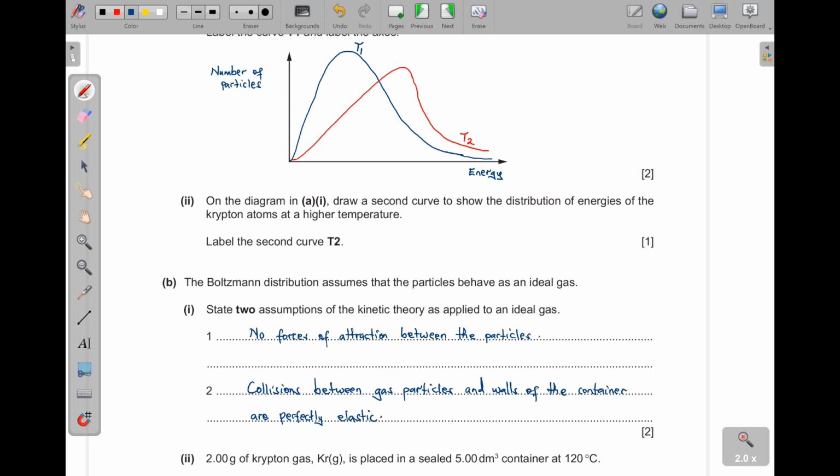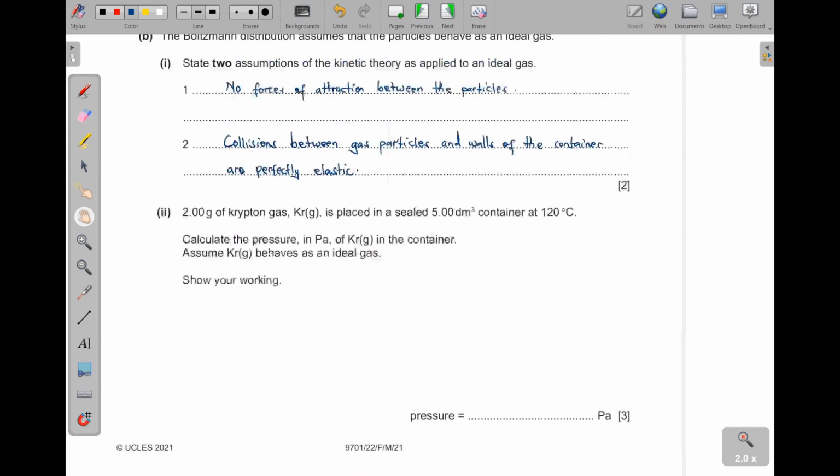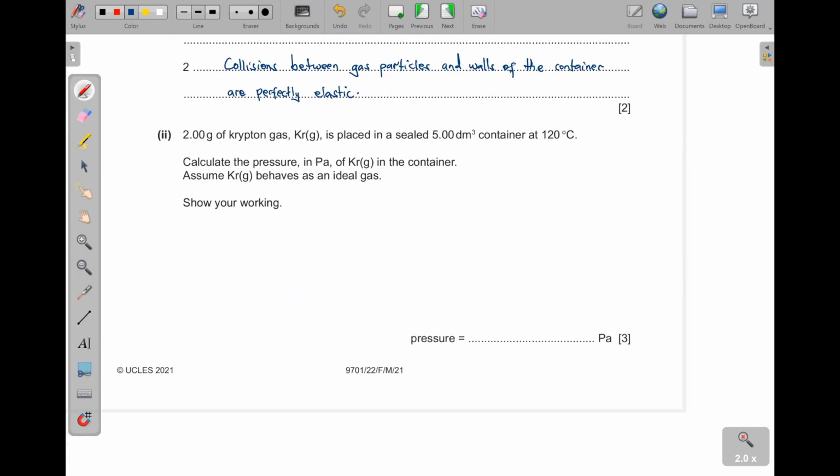But since they asked for 2, those are the ones that I'm going to give. Then Roman 2, 2 grams of krypton gas is placed in a sealed 5 decimeter cubed container at 120 degrees C. Calculate the pressure in pascals of krypton gas in the container.